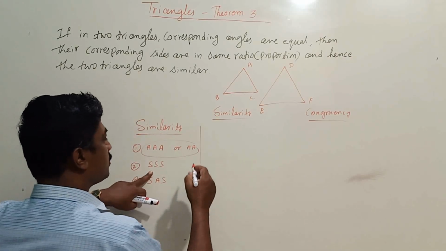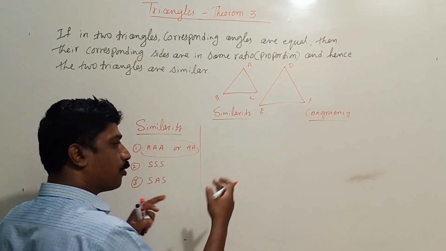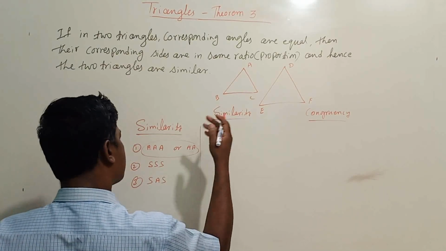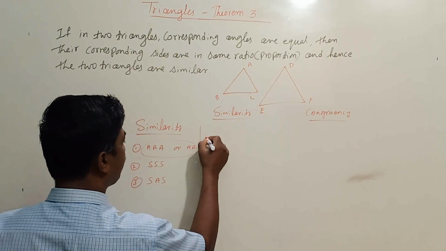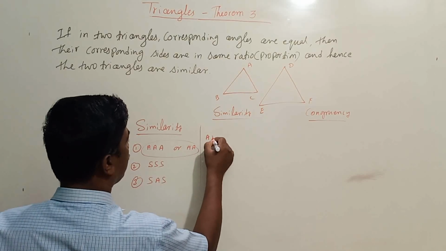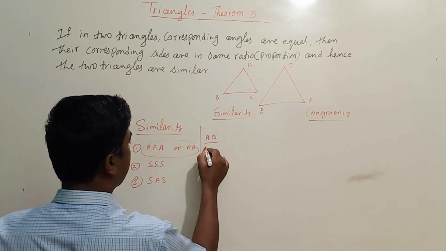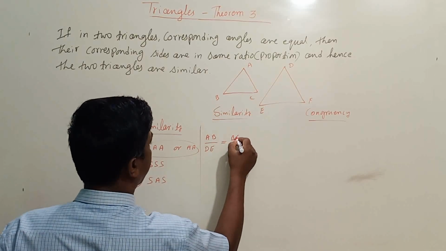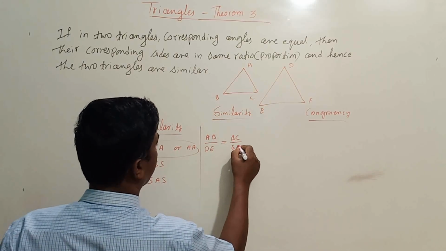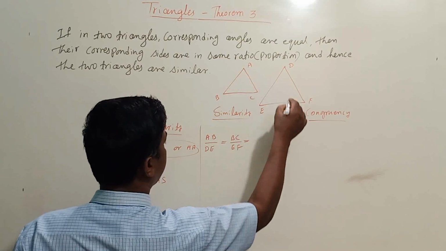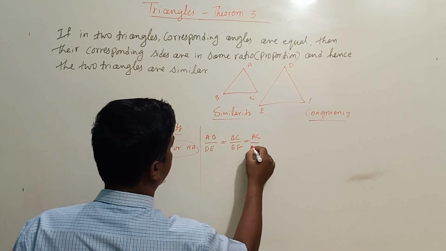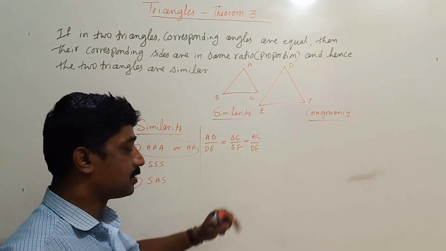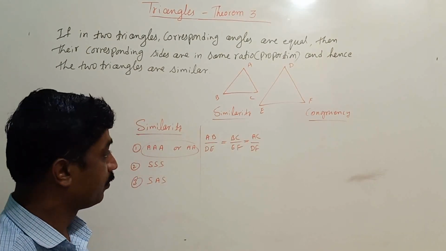The similarity is when the corresponding sides are in the same ratio, not equal, maybe equal also, that is also possible. You write AB by DE is equal to BC by EF is equal to AC by DF. Therefore, these two triangles are similar by SSS Similarity Criteria.